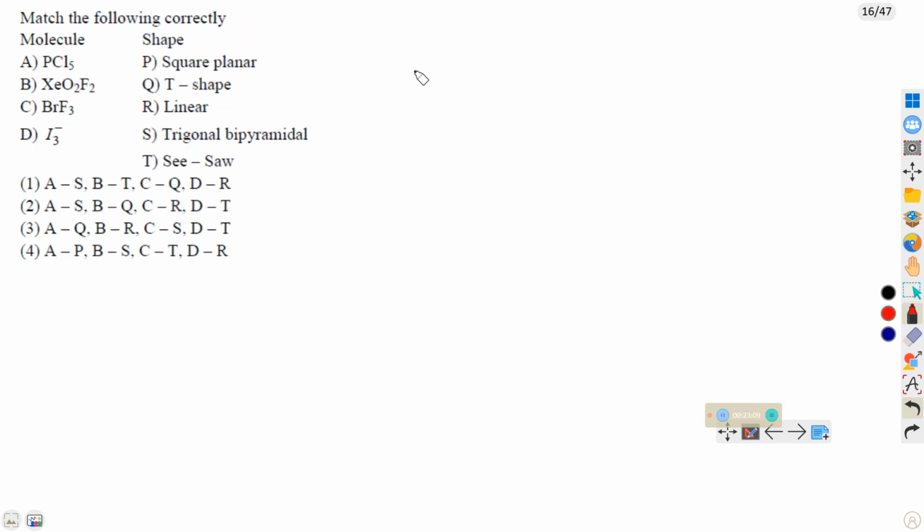Match the following. Given PCl5 molecule, phosphorus atom undergoes sp3d hybridization with 0 lone pairs. Geometry is trigonal bipyramidal.